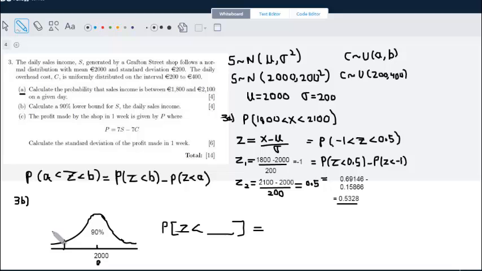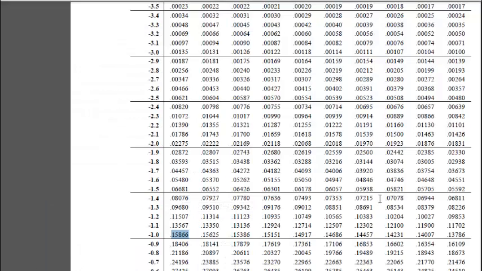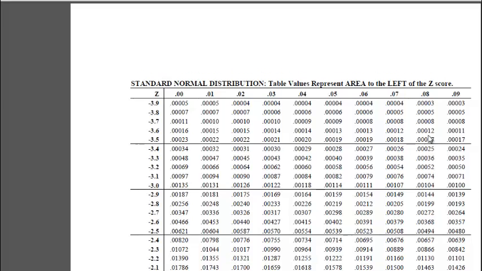This would be equal to 0.1. This is 90%, this would be 10%, so this would be equal to 0.1. This is the inverse normal distribution which we are doing.